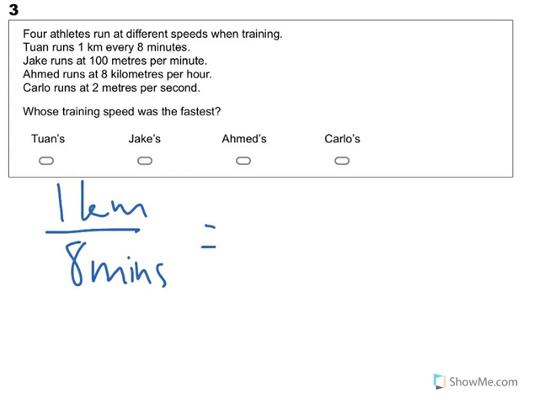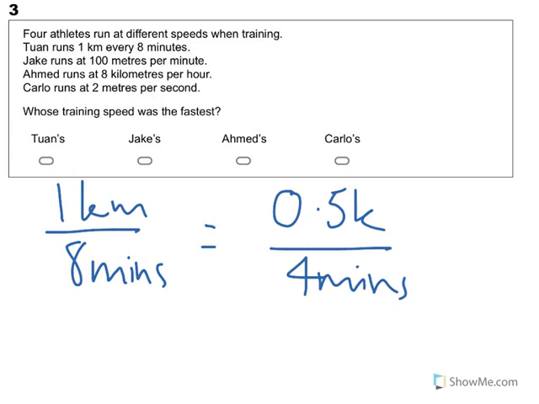I might change this to 0.5 kilometers over 4 minutes. So what I've done is I've halved both of them. I've divided the top by 2 and divided the bottom by 2. Why have I done that? Because I can now do 4 times 15 to make it 60.